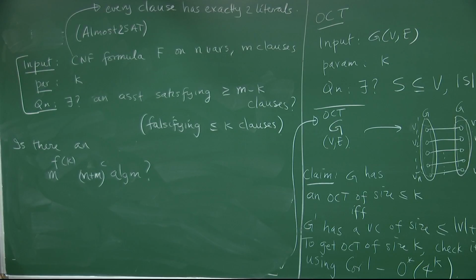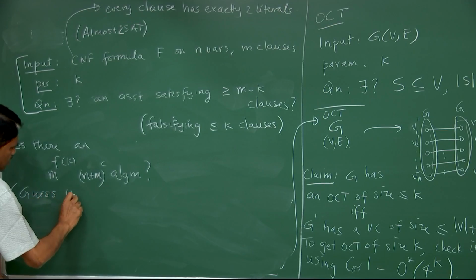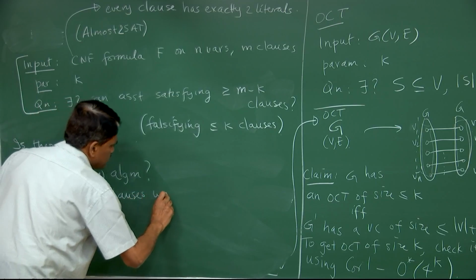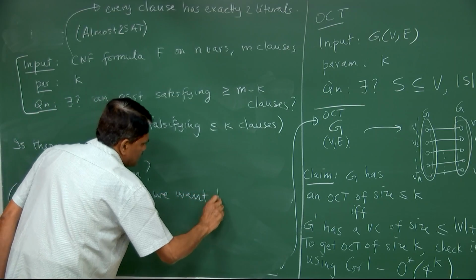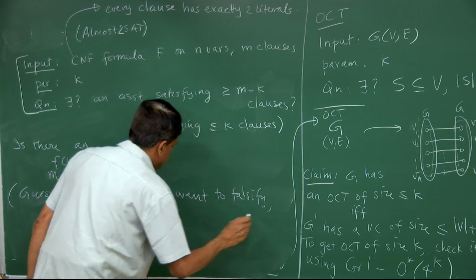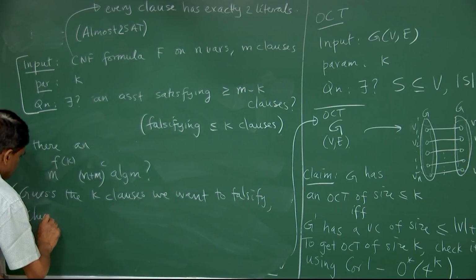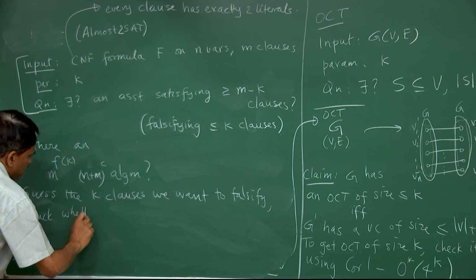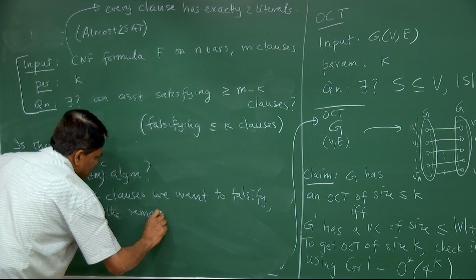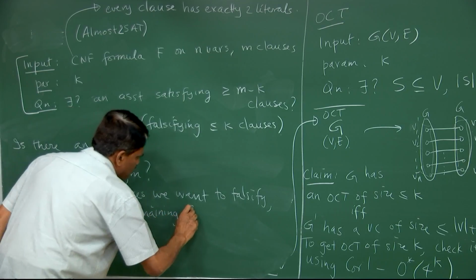Is that clear? So guess the k clauses we want to falsify, and check whether the remaining formula is satisfiable.